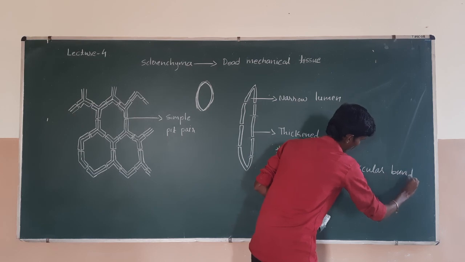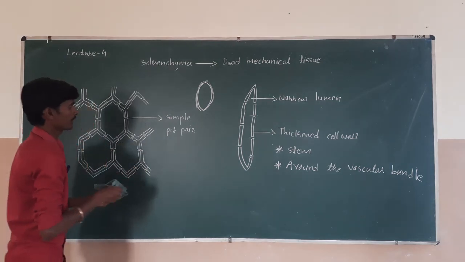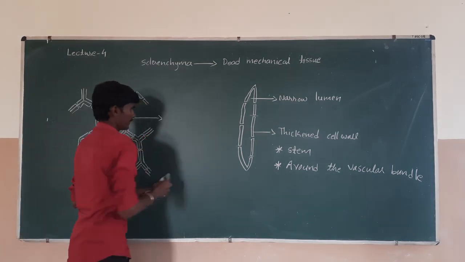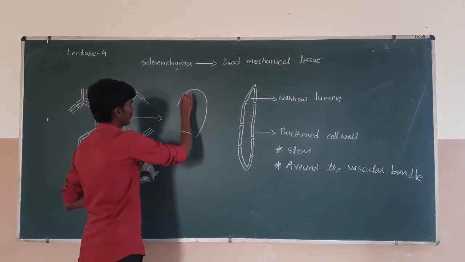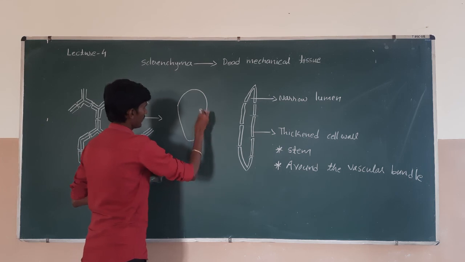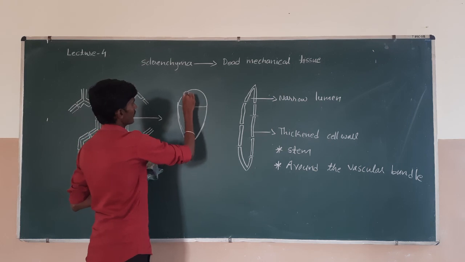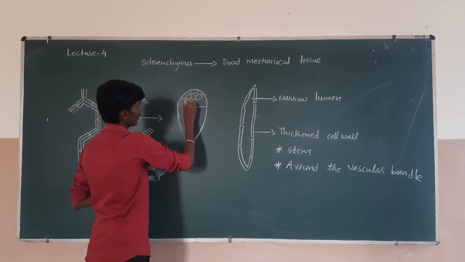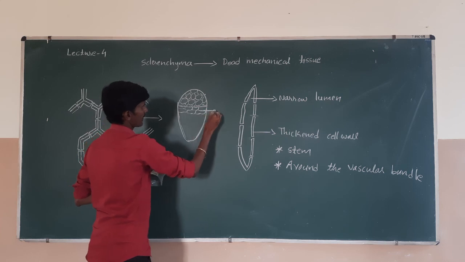Let us see the structure of the vascular bundle. On the upper side, this is called the phloem. In the middle, there is a strip-like structure called the cambium.